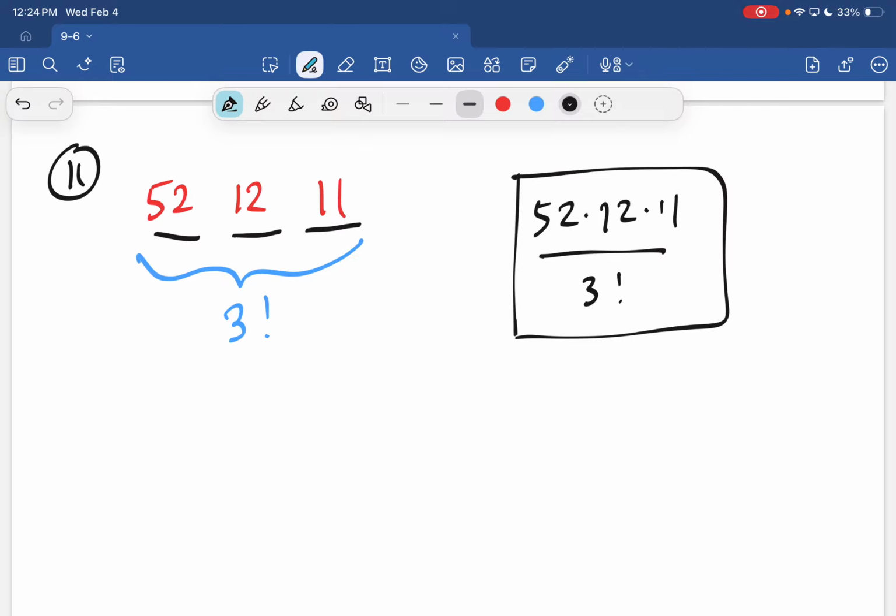Where's the 11 come from? It's 13 minus 2, because we're trying to choose the same suit, but 2 have already been taken from that suit. Once you choose the first one, say you get ace of spades, there's 13 in the suit.